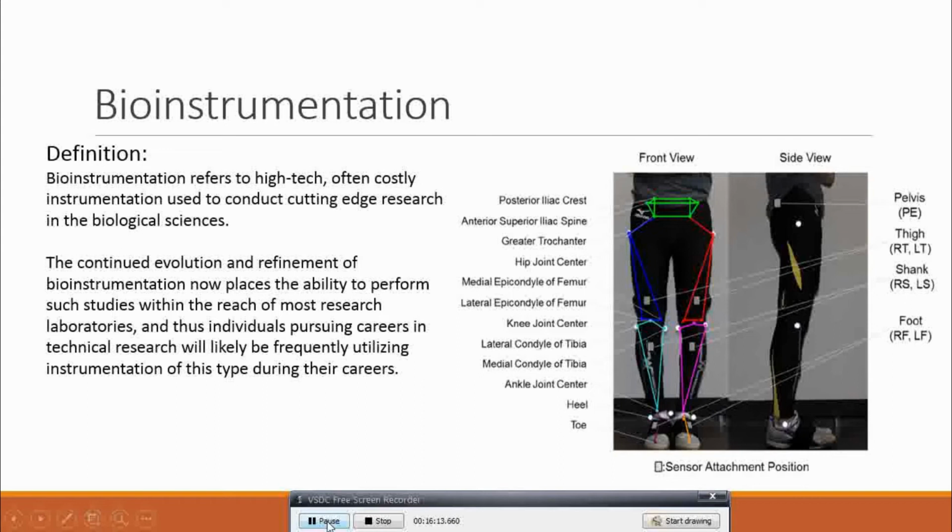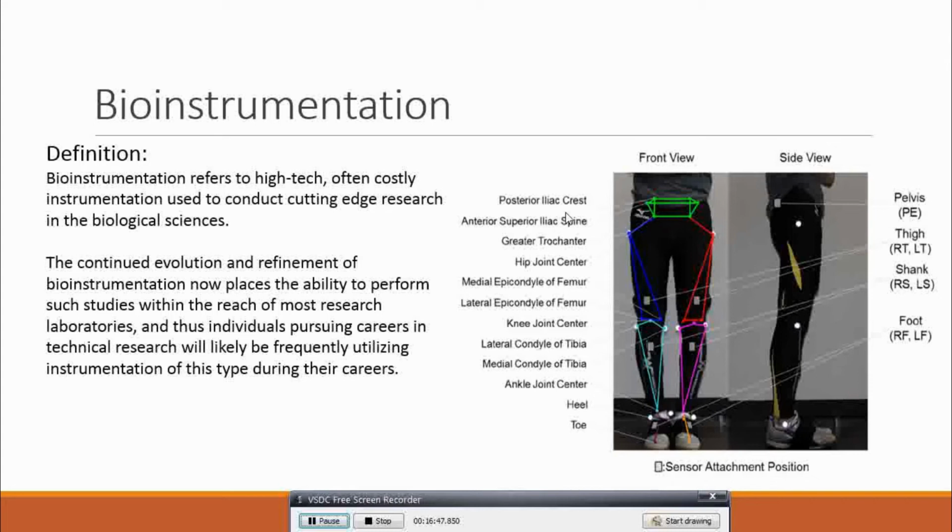Next, we move on to bioinstrumentation. Bioinstrumentation is where you combine the instrumentation properties, knowledge, and technology onto bio activities, right? For example, if you look at the image that I provided here, there is the labeling, the colors, and a legend: pelvis, thigh, shank, foot.